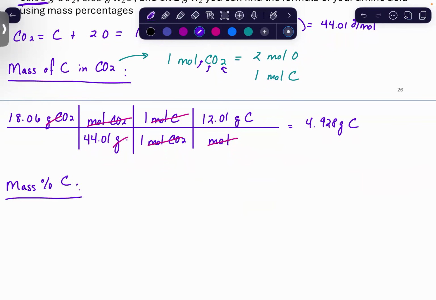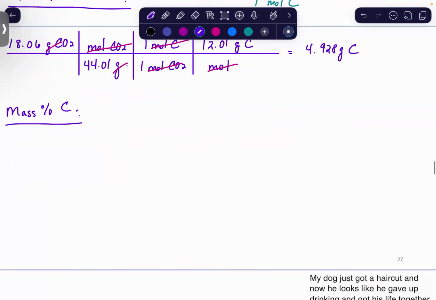And that makes sense because I can't produce any more carbon than what is in that 10 gram sample. So if I had a 15-gram sample, I would have more carbon. If I had a 20-gram sample, I would have double this mass of carbon produced in the form of CO2. So remember our percentages.